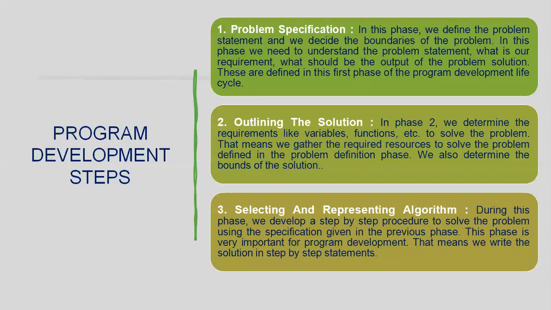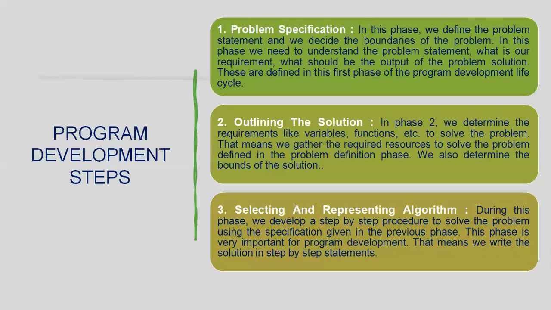Then we need to go to the third phase, that is selecting and representing algorithms. During this phase, we develop a step-by-step procedure to solve the problem using the specification given in the previous phases. This phase is very important for program development. That means we need to write the solution in step-by-step statements.